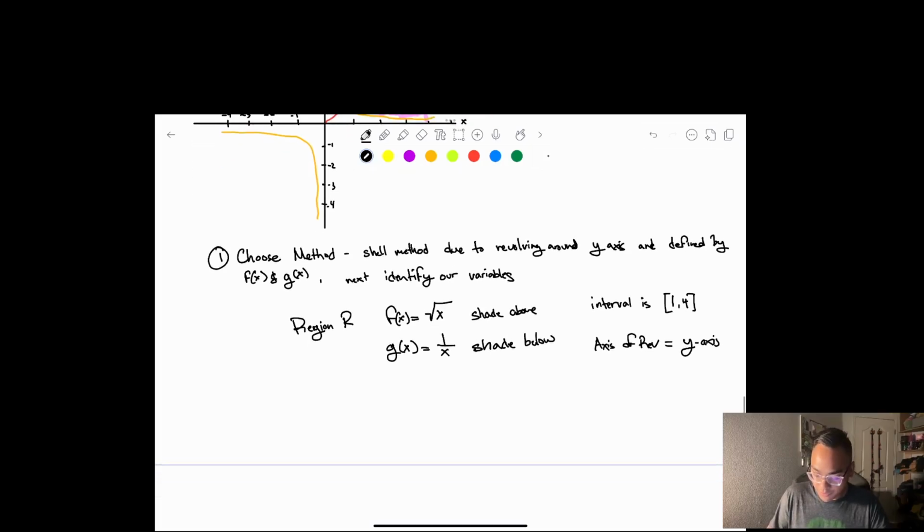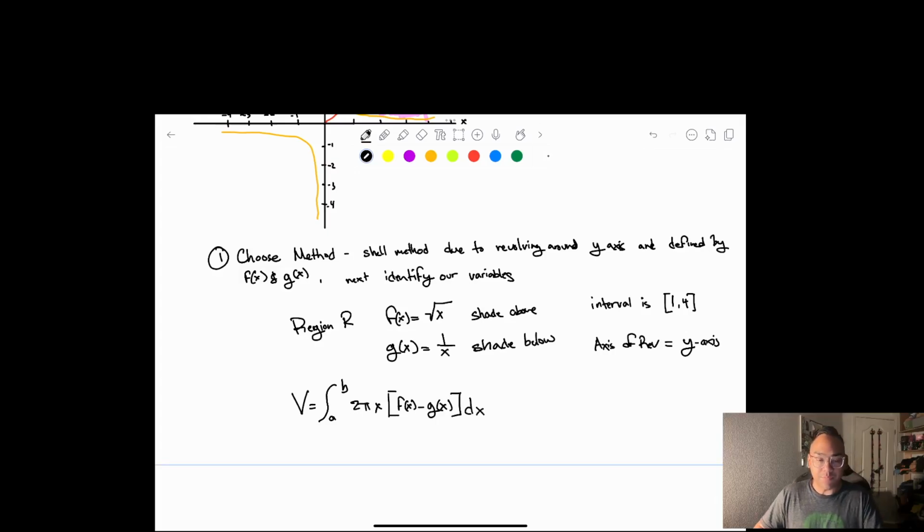So what formula do we use? We use this formula right here. V is equal to the integral from the lower limit a to the upper limit b of 2 pi x times the bracket f of x minus g of x, dx.